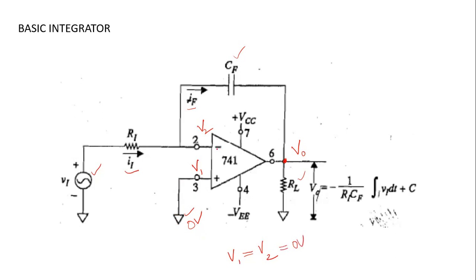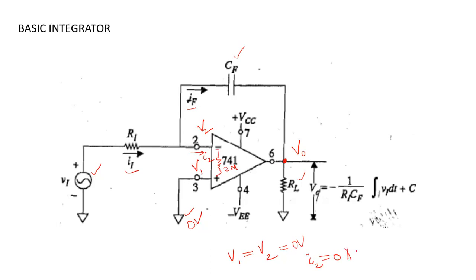And also there is a very high input impedance of about 2 mega ohm in IC741, and because of that the current entering pin number 2, let me call it I2, will also be 0. These are properties that I believe you should be familiar with by now.